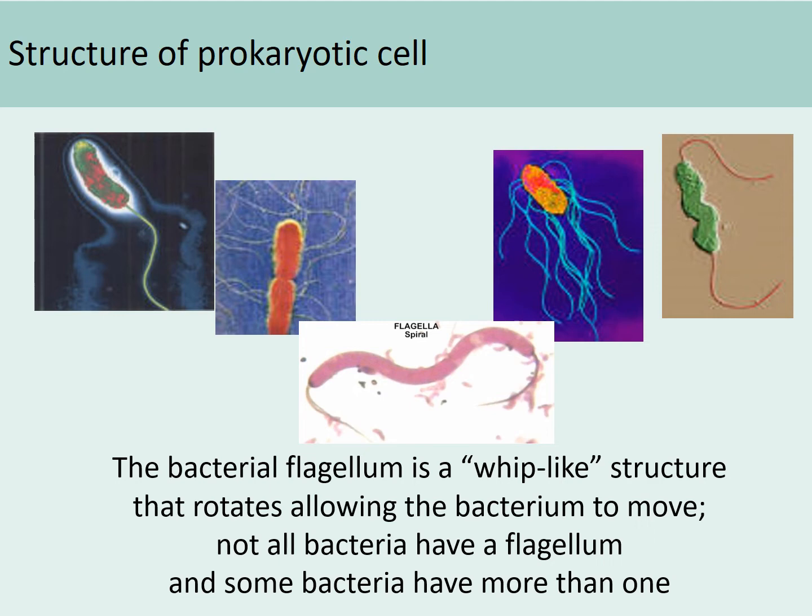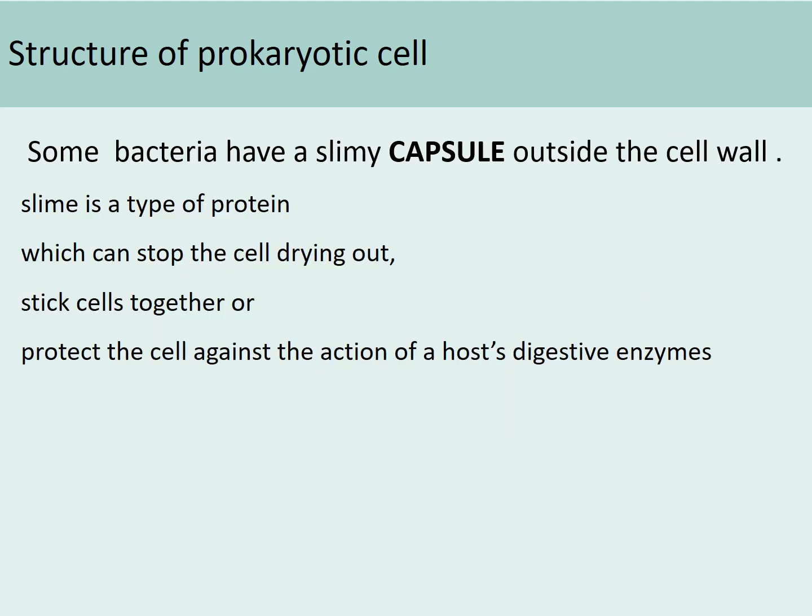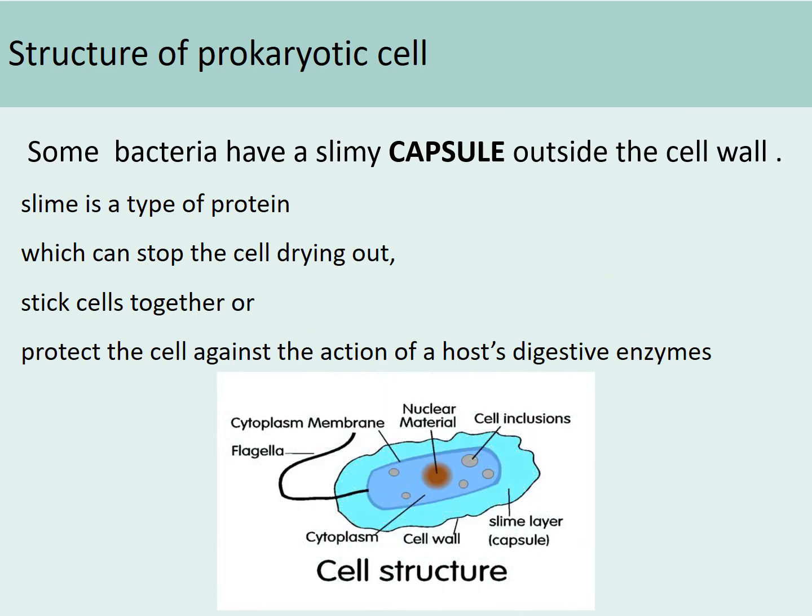Something else that is unique to prokaryotic cells is something called the slime capsule, or just the capsule, or you can call it the slime layer. Now, as the name suggests, it's got this kind of slimy protein that goes around the outside, and it's really important because it stops the cell drying out. It also means that they're able to stick together.